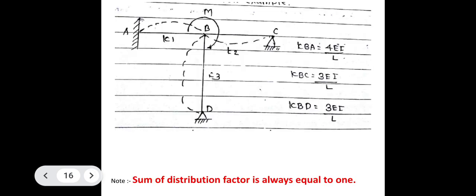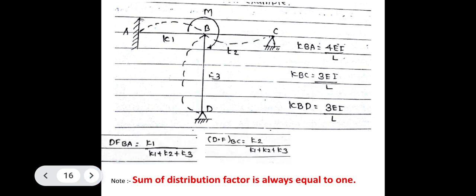Now if we see here, there are three members: member BA, member BC and member BD. Let us assume K1 is the stiffness factor for member BA. At joint B, three members are meeting and their stiffnesses are K1, K2, K3.